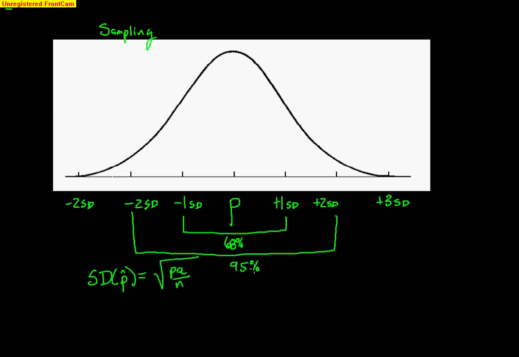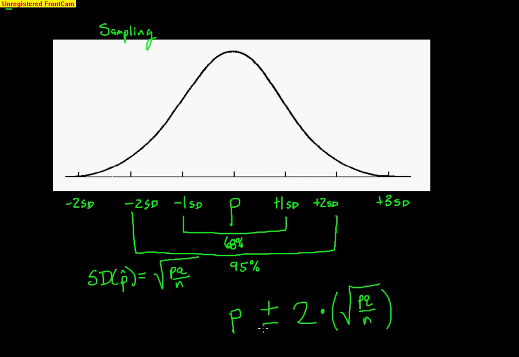But again, this is all assuming that we know the truth is in the middle. So we say that here is the true value, and we could go plus or minus 2 standard deviations, and a standard deviation is, again, our formula here, the square root of PQ divided by N.